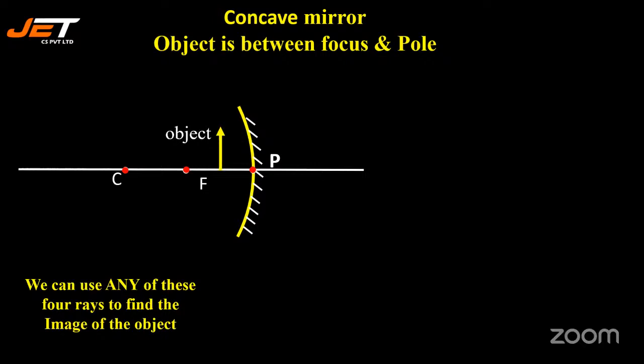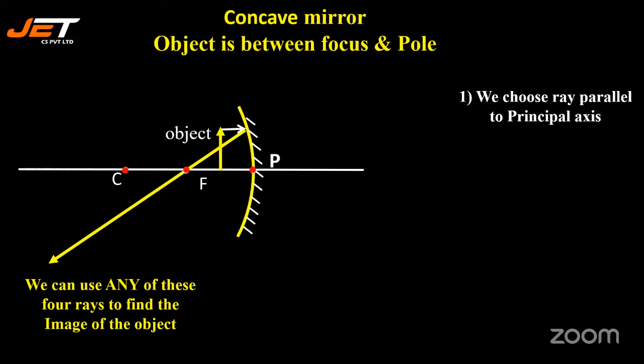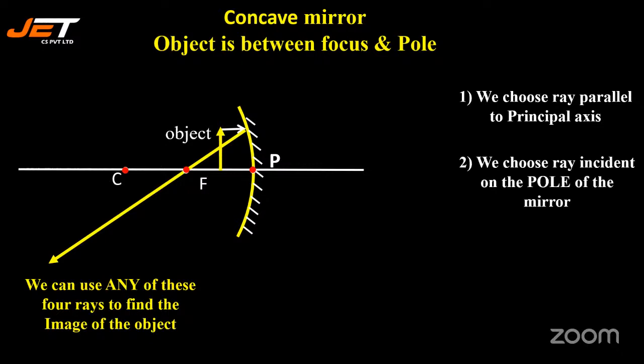Again, I can choose any of the four rays which we have discussed in ray tracing. Nitin, it's behind the mirror. Brilliant. Let's look at the ray diagram. We choose a ray parallel to the principal axis that will pass through the principal focus of the mirror. The other ray would be incident at the pole of the mirror that will get reflected symmetrically with respect to the principal axis of the mirror.